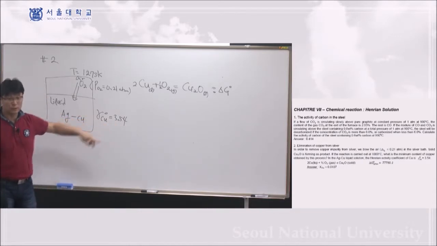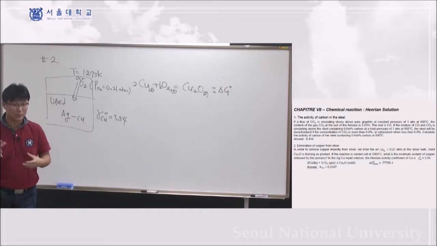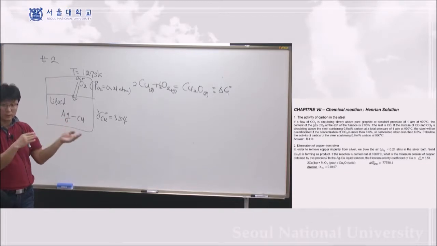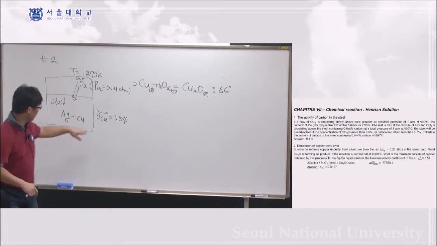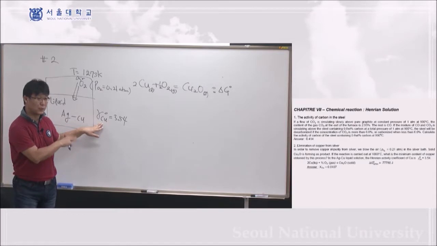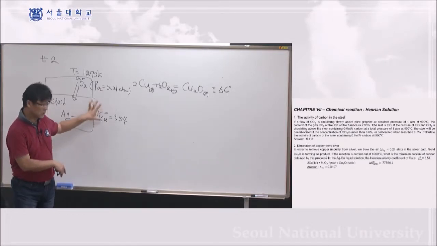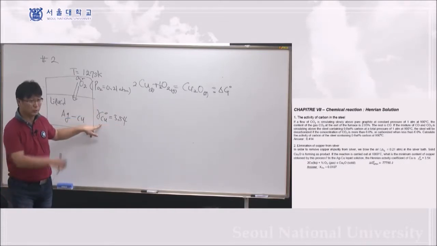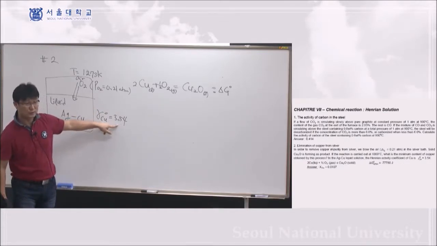So the Henrian activity coefficient is determined by the interaction between your copper and the silver. Do you see what I mean? The Henrian activity coefficient is the activity coefficient of copper in a very, very dilute condition. When the surrounding atom is silver, it will be this value. When the surrounding atom is gold, it should be different.